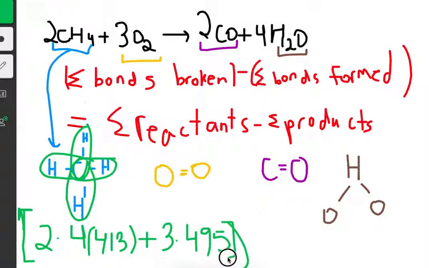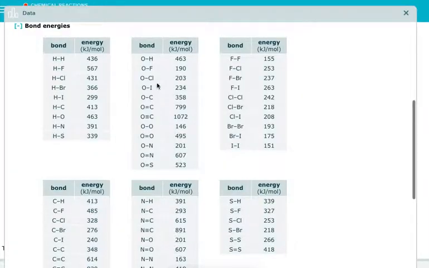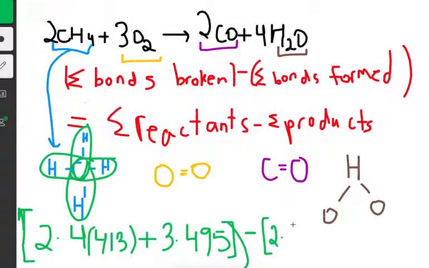Okay. Now we're going to subtract that from the CO bond energy. The coefficient is 2, so we'll multiply that by 2. If we drew CO, we see that it's C double bonded to an oxygen, and that bond energy is 799. So we'll do 799. Now we're going to add that to H2O's bond energy, which has a coefficient of 4, so multiply it by 4, times HO.